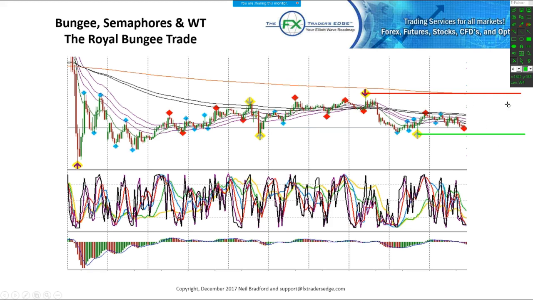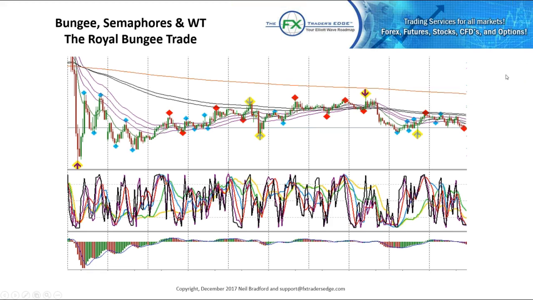Whatever it does in here and however long it drifts sideways, we know we're going below the green line before we go above the red one. Okay, let's move on to the next slide, where we've advanced the chart slightly.